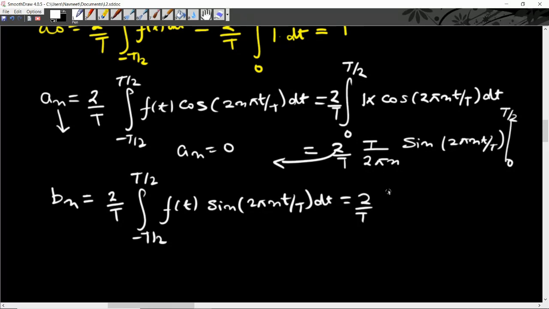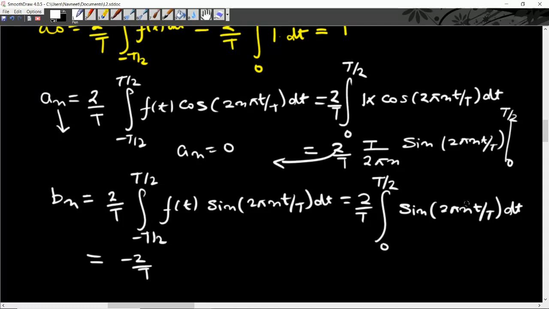So if I perform this integration for my square wave, I will have this integral, and this will be equal to minus 2 over T, because the integral for a sine function is minus of cosine, so that's why we'll have this times T over 2 pi n cosine 2 pi n t over T.